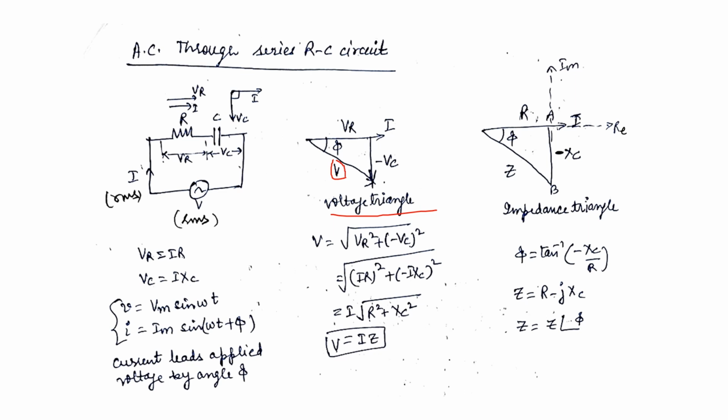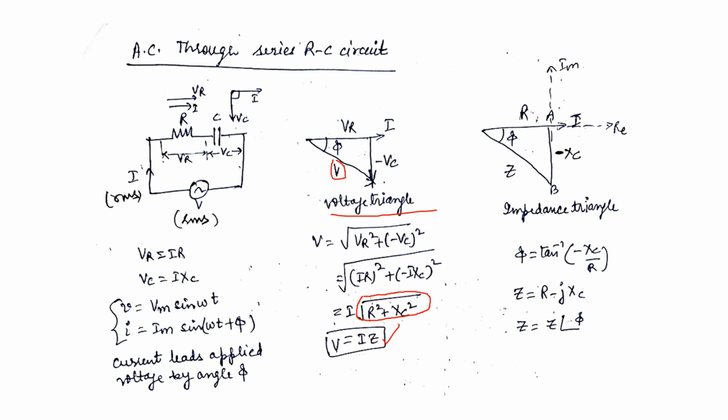So we can write V is equal to the square root of VR squared plus VC squared, which gives the magnitude of this vector V. VR can be written as IR and VC can be written as minus IXC. So this is I multiplied by this term. This term is known as the impedance of the circuit. So Z is equal to the square root of R squared plus X squared, right? So this is the impedance of this circuit.